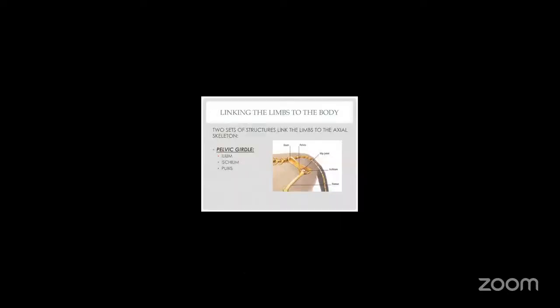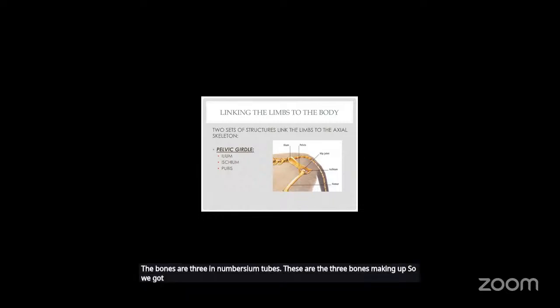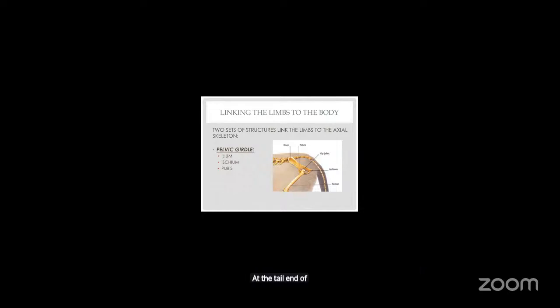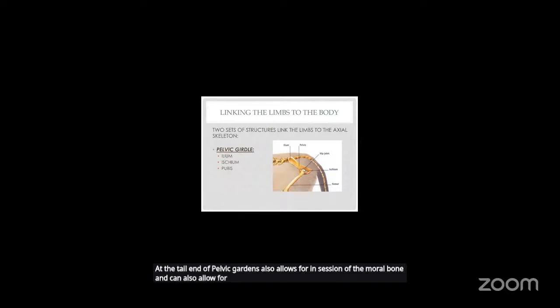Then for the pelvic girdle, the bones are three in number: the ilium, ischium, and pubis. Just like the pectoral girdle, there's a ball and socket joint at the tail end of the pelvic girdle that allows insertion of the femoral bone, and it allows forward, backward, and sideways rotation of the hind limbs.